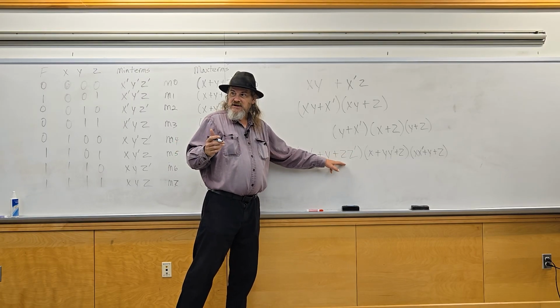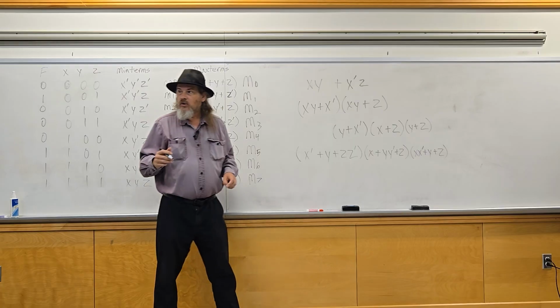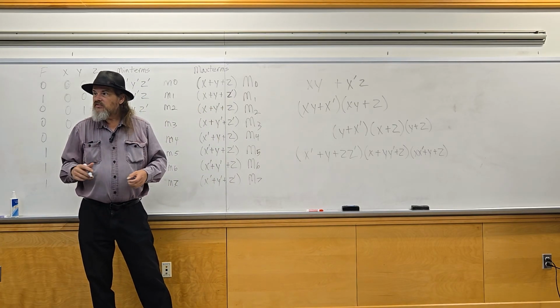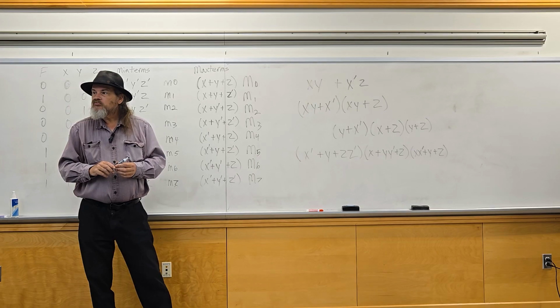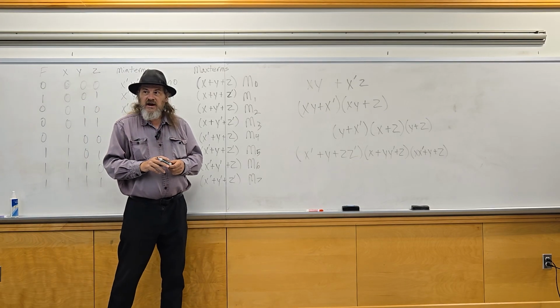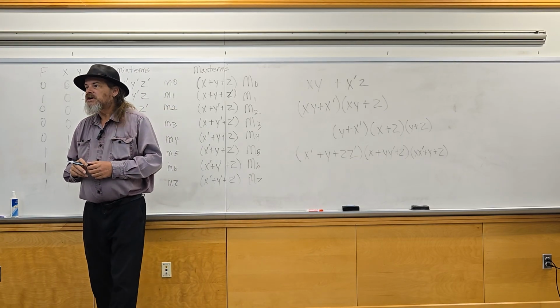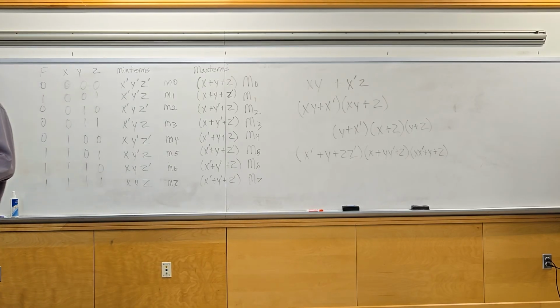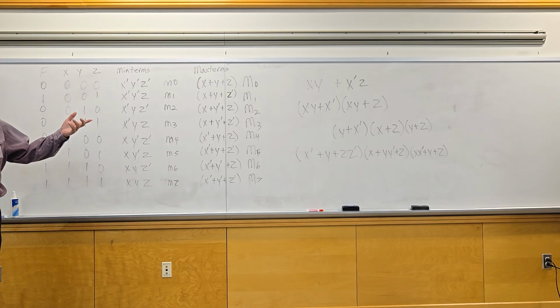So you can add that to the or expression without changing the value of it. It's like adding the x or x prime to an AND expression does not affect the output of the AND expression. It's the same type of situation, only with ORs instead of ANDs.